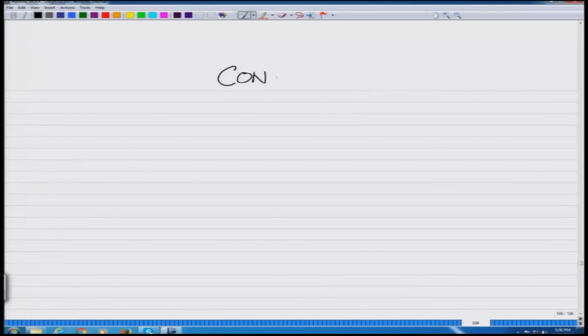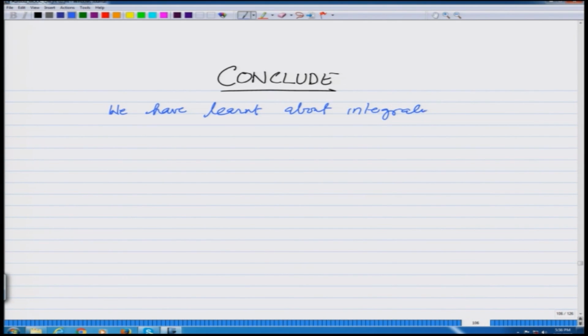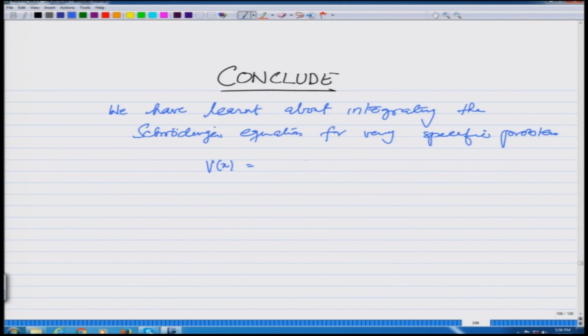So, to conclude, we have learned about integrating the Schrodinger equation for a very specific problem where V x is equal to infinity for x less than equal to 0 and x greater than equal to L, and is equal to V x for x in between.